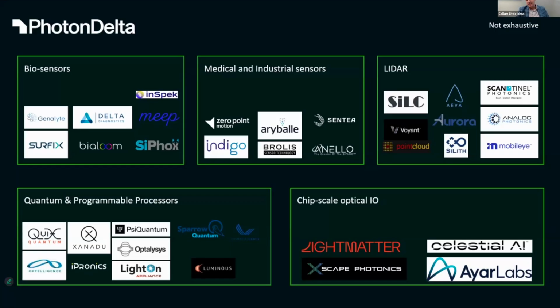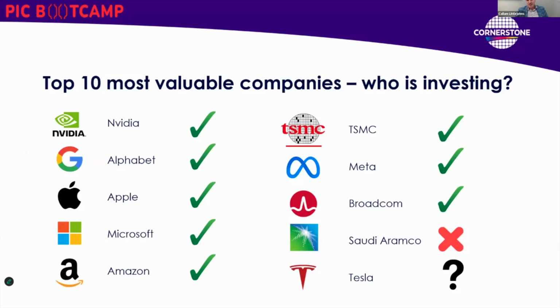it's absolutely clear that it's not a technology that's exclusively in that domain. If you look at the top 10 most valuable companies as of today across the world, actually all of the top 8 have active programs in silicon photonics, and this ranges from R&D programs all the way up to deployment in their infrastructure and across the world.